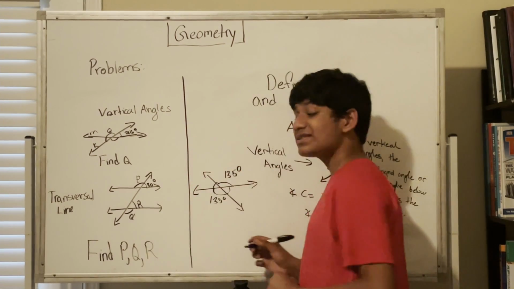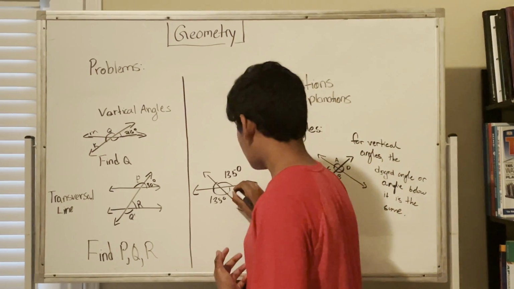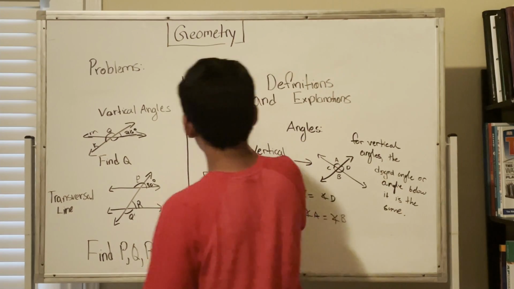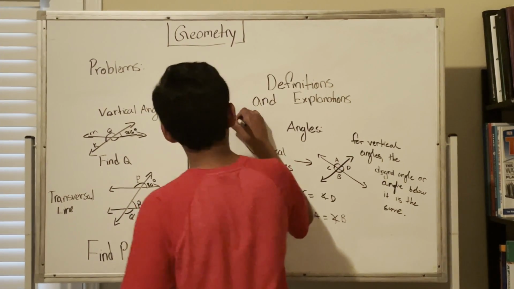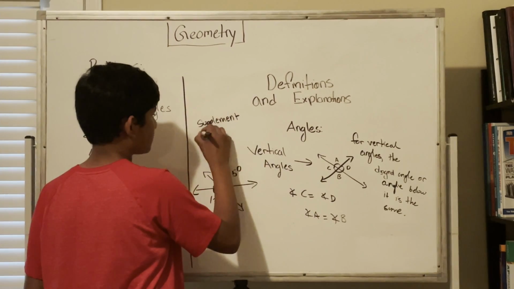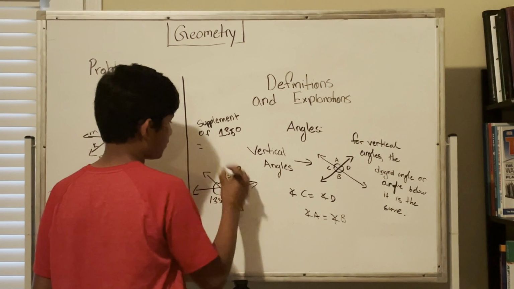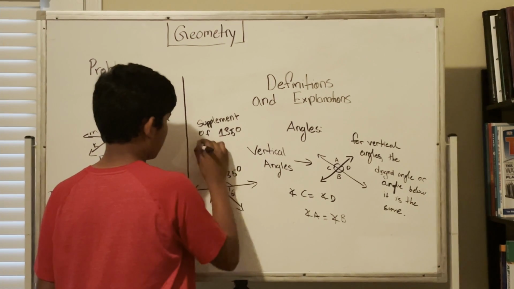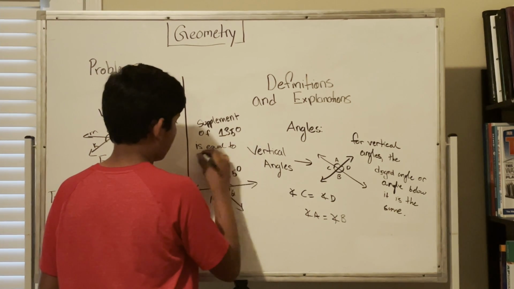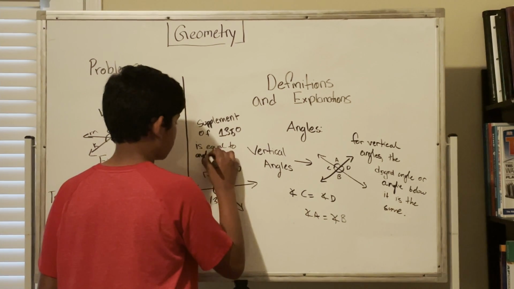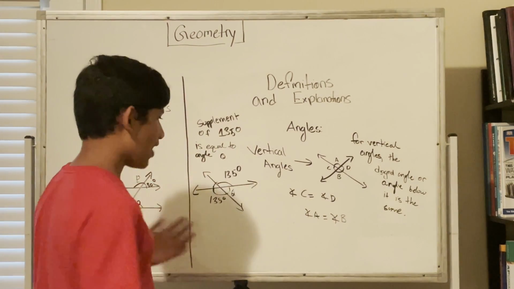So the supplement of 135 degrees is, let's call this, for example, angle Q. So the supplement of 135 degrees is equal to angle Q. What's the supplement of 135 degrees?